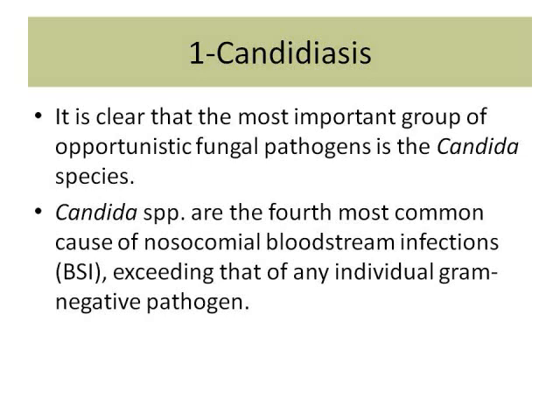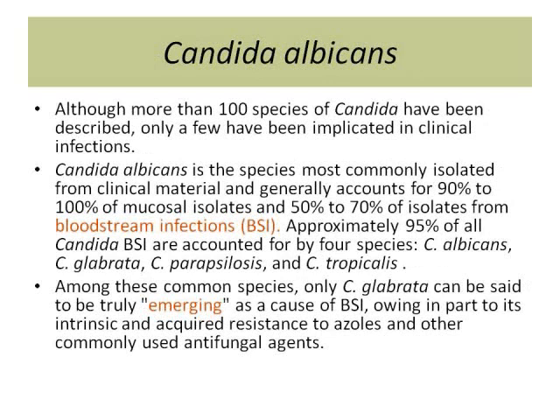Now, as far as their incidence is concerned, you can see from here the most commonly isolated from the clinical material that actually accounts for 90 to 100, especially from mucosal sites. Because remember we talked about oral flush, especially in AIDS patients. So that's the beginning or vaginal flush. So these are most of the areas where we pick up these Candida infections from.